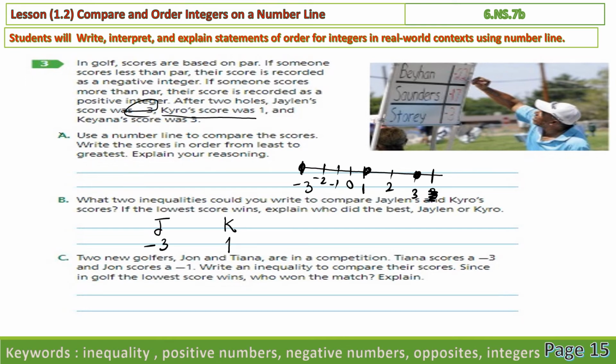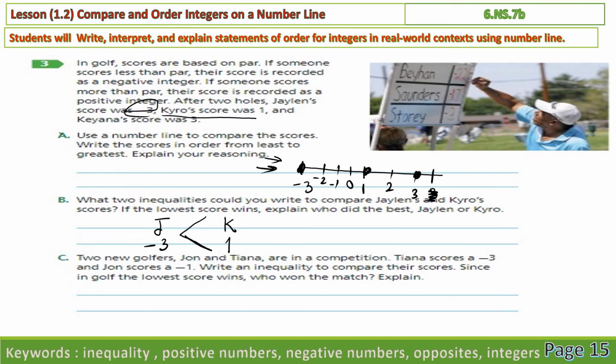Now look at the number line and see which is first. -3 is first, so it is the smallest number, and 1 is bigger than this one. Who did the best? Of course, Cairo did the best, because his score is +1 and Julian is losing actually. That's why he is on -3.